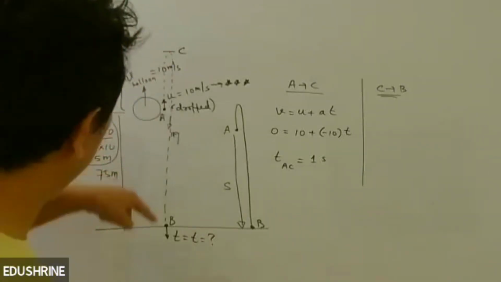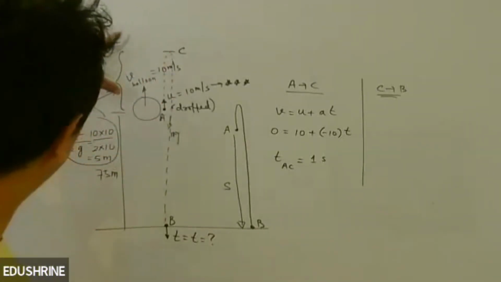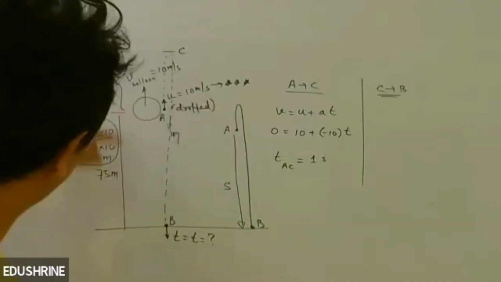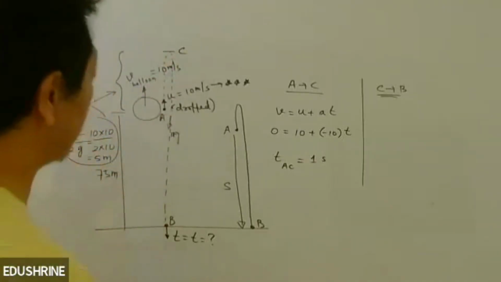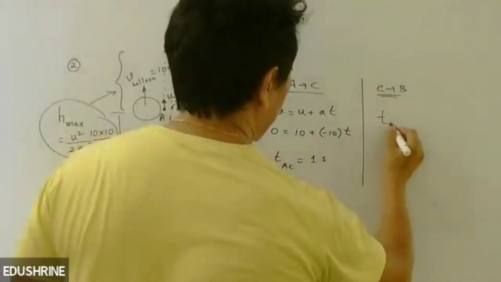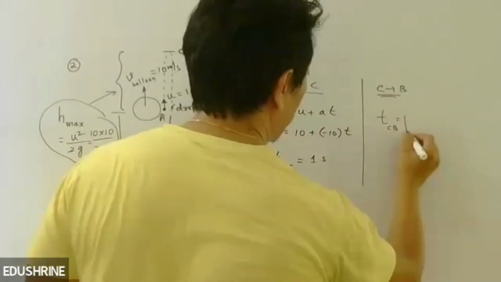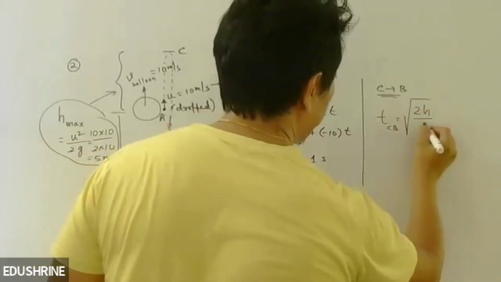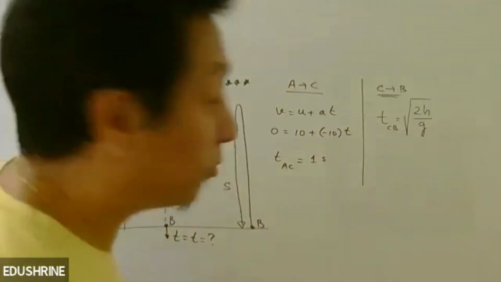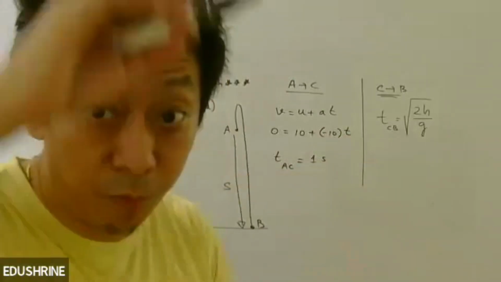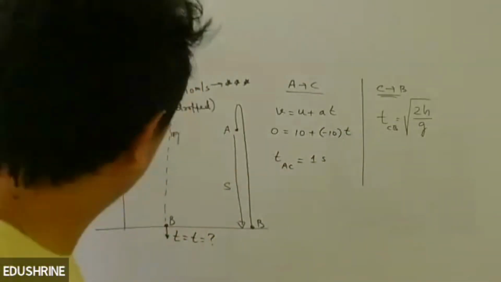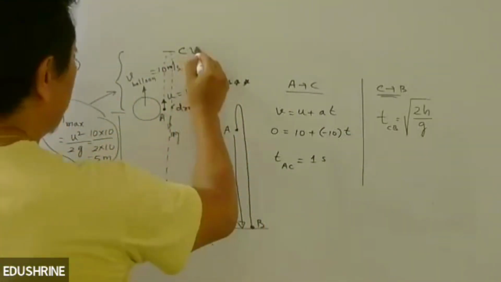So from C to B, what is the displacement? This is 5, this is 75. So what is the total displacement? 85. And what was the time taken while coming down? I told you root over 2h by g. Remember this formula? When you start with 0 speed.